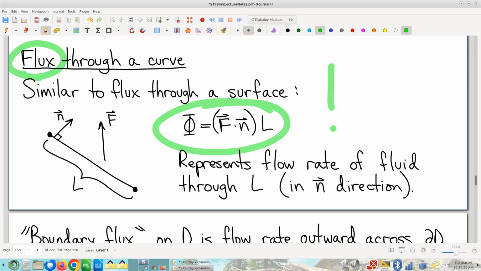Now this too is an exercise that y'all can totally do yourselves, and I think this is a very healthy exercise. The way you're going to do this is you're going to go back to chapter 3 and see how we did it in 3 dimensions, and then you're going to do the morally equivalent, same basic idea here in 2 dimensions. So instead of computing a volume of fluid that's passed through an area, you're going to compute an area of fluid that has passed through a curve.